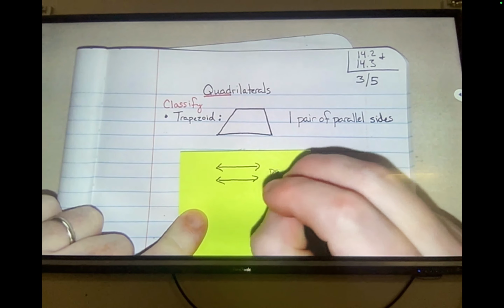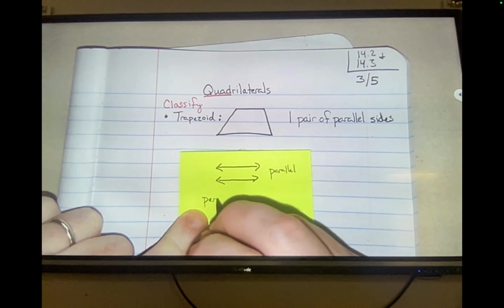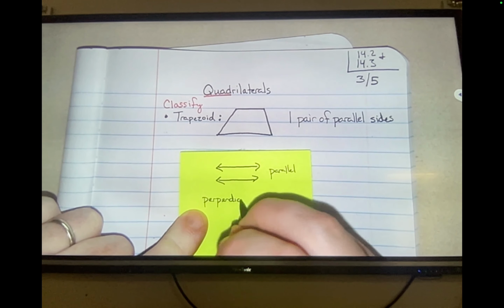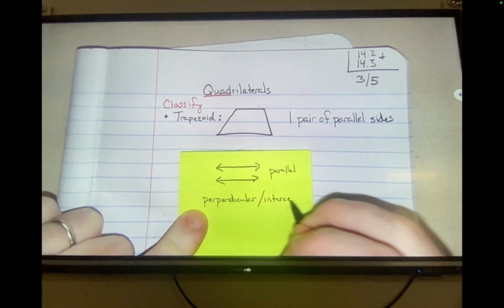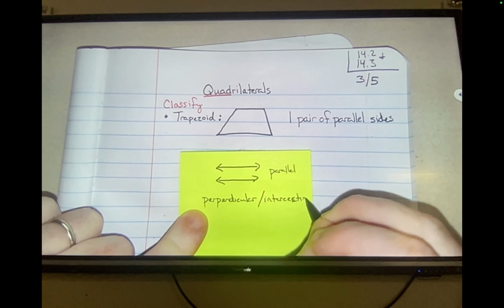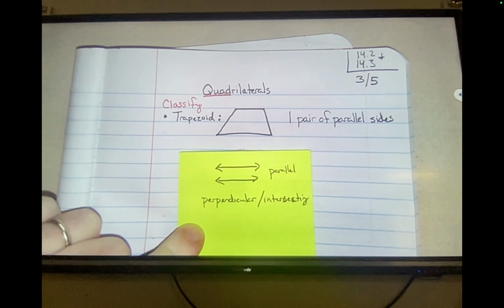They are considered parallel. If they are perpendicular, also known as intersecting, those are lines that are going to cross.